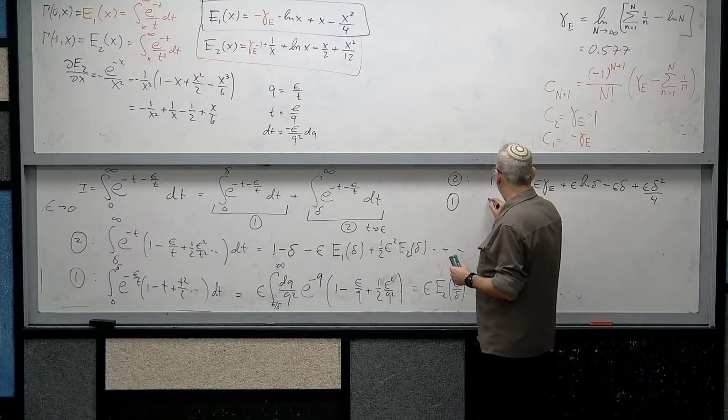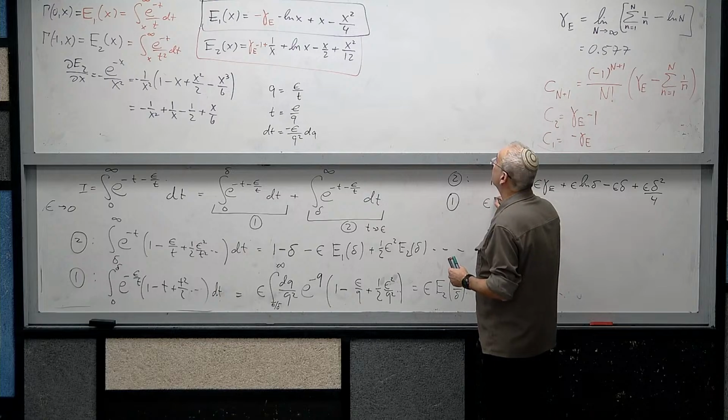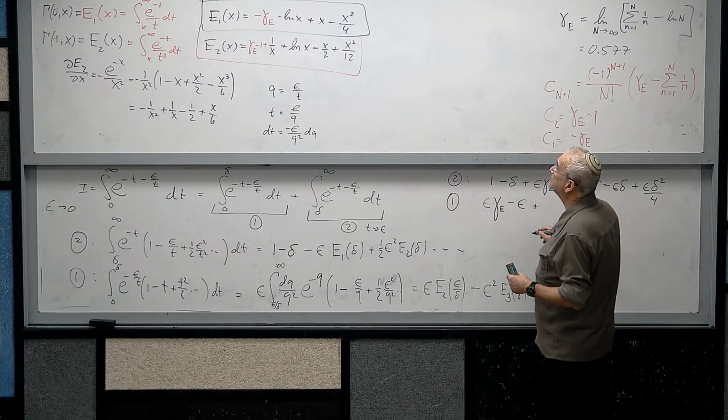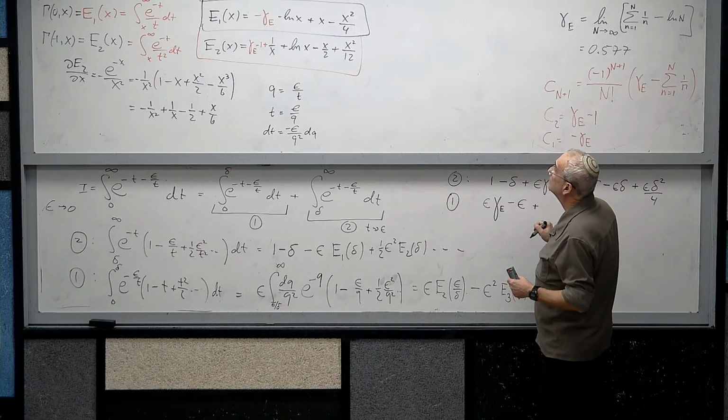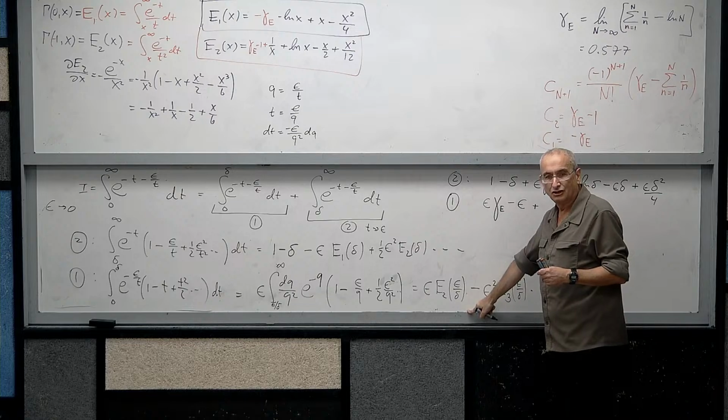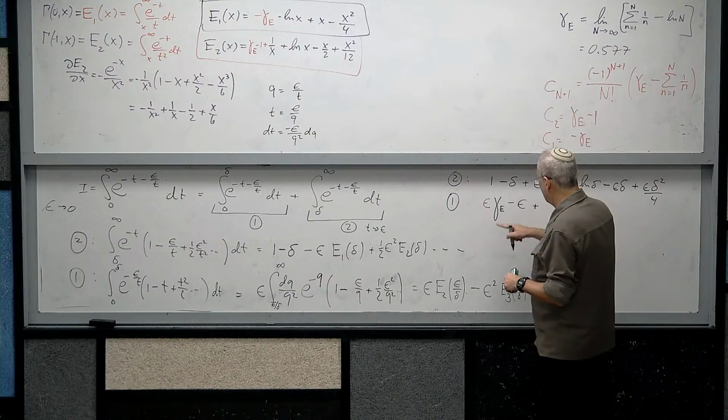So it gives me epsilon times gamma Euler minus epsilon, plus, now I have epsilon times 1 over x, but x is epsilon over delta. So 1 over x is delta over epsilon, and epsilon times 1 over x is simply delta.